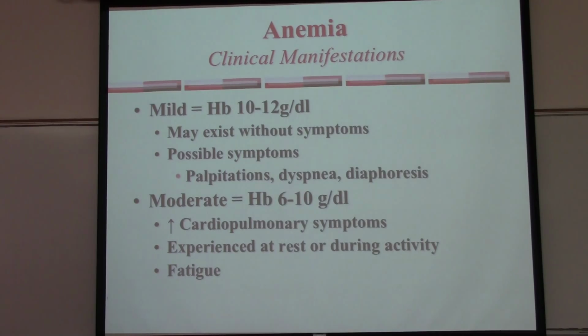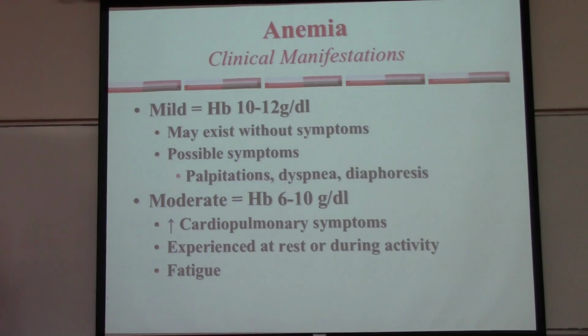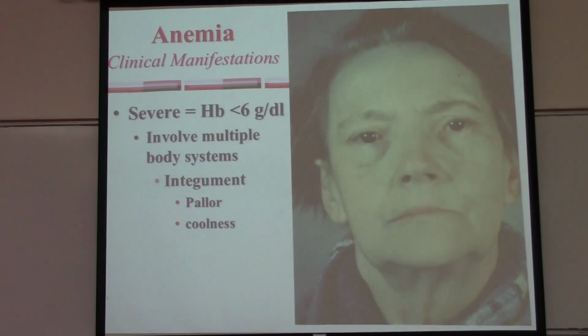Like 97% might be 80 and 100% might be 100 or something like that. And if I give supplemental oxygen, it can boost the PaO2. Like you can have a 300 floating around in the plasma, but that 300 only represents 3% of the total. So it's better than not, but it doesn't do what hemoglobin can do. You really need hemoglobin to get oxygen to where it needs to go.